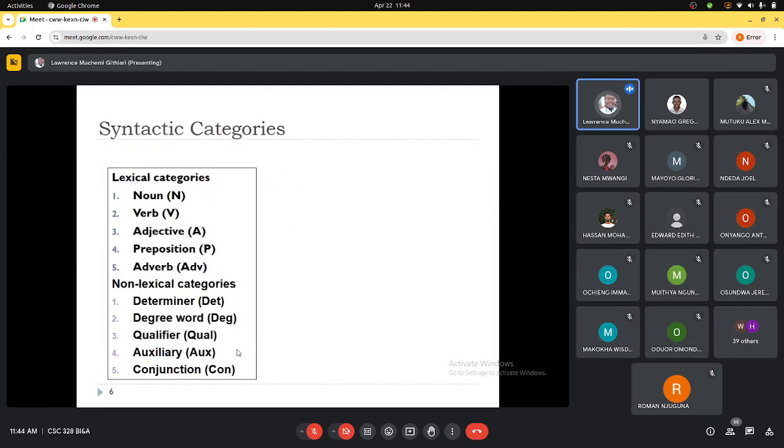Now, for those who forgot your Form 2 grammar, these are some of the word categories or syntactic categories. There's a noun, there's a verb. A noun, of course, is an object or something. A verb is an action. There's an adjective, a preposition and an adverb. An adjective describes the what? The noun, isn't it? And the adverb describes the verb.